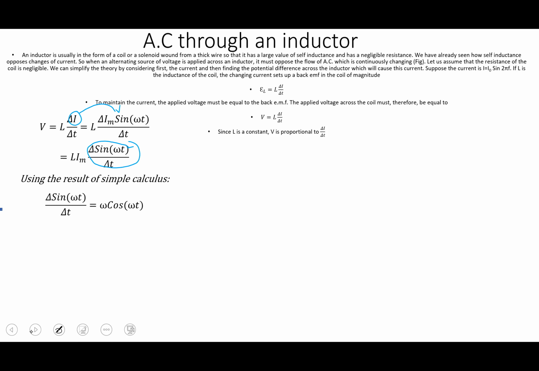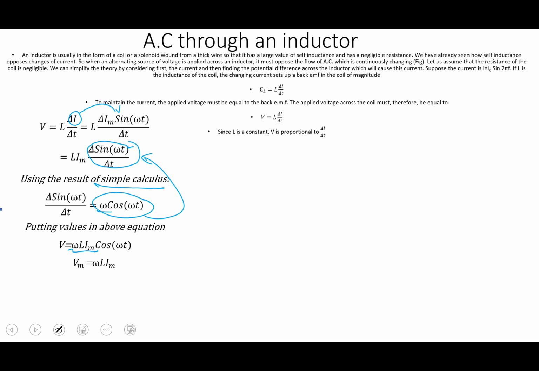If we differentiate it using simple calculus, delta sine omega t divided by delta t with time gives omega cos omega t. Putting values in the above equation, we get V equals omega L I maximum cos omega t. This whole term, omega L I maximum, is represented by the maximum voltage.